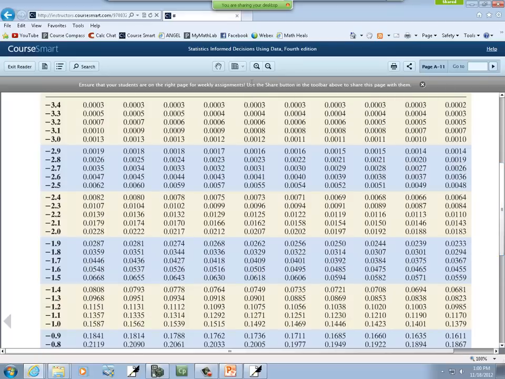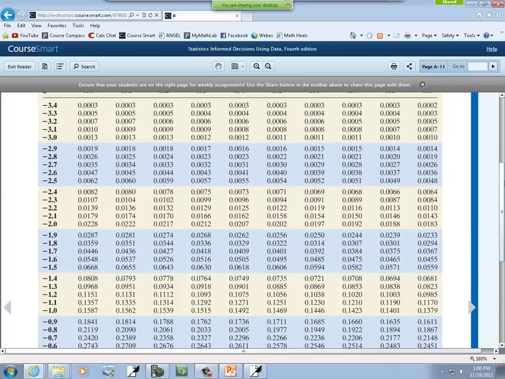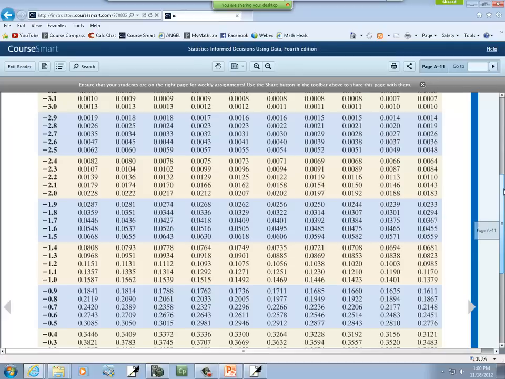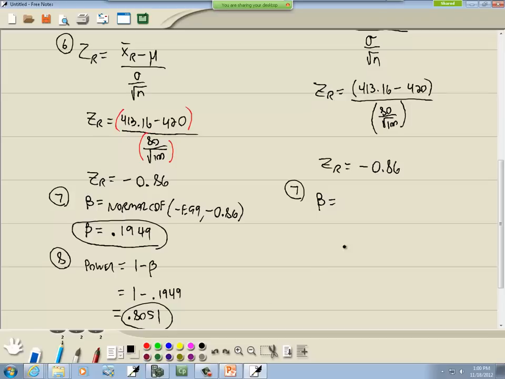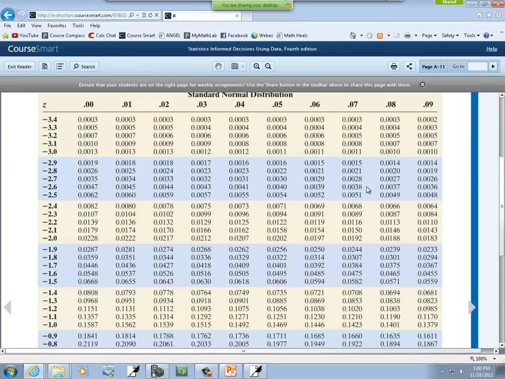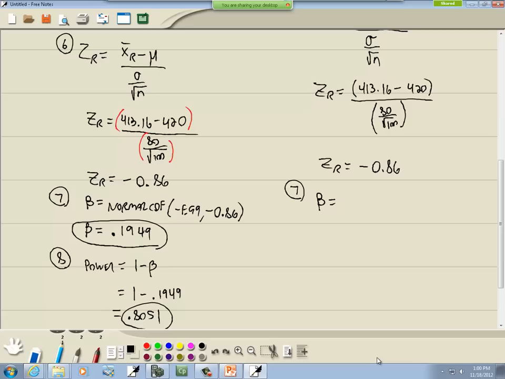Make that a little bit smaller. Hopefully you can still see it. Okay, the very bottom row here is negative 0.8. And then our hundredths place is a 6, so I come over to the column for 0.06, come down there, and it says 0.1949. Oh, wow. That matches exactly. I didn't expect that.